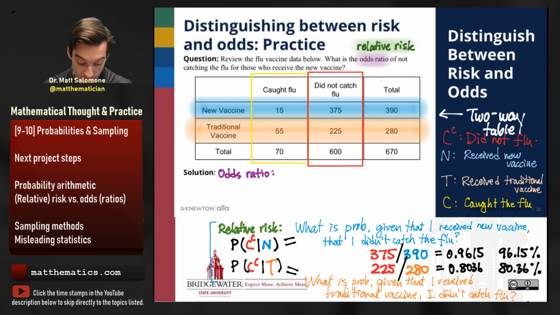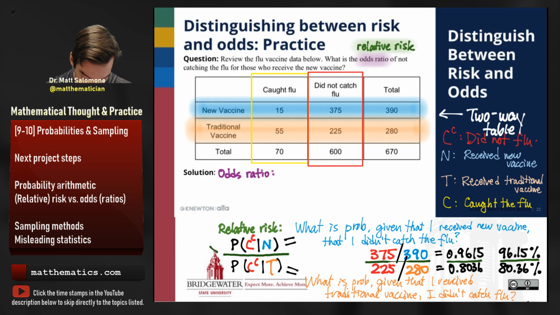And both for relative risks as well as for odds ratios, that comparison is achieved by dividing. So the relative risk I'm going to get by dividing these two probabilities one by another. Any of these divisions is going to give me the same answer at the end of the day.